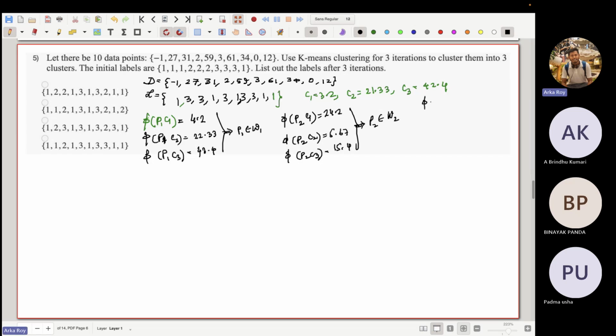By the same logic, phi P3C1, phi P3C2, phi P3C3 is equal to 27.8, 9.67, 11.4. And this will give you that P3 belongs to omega 2.